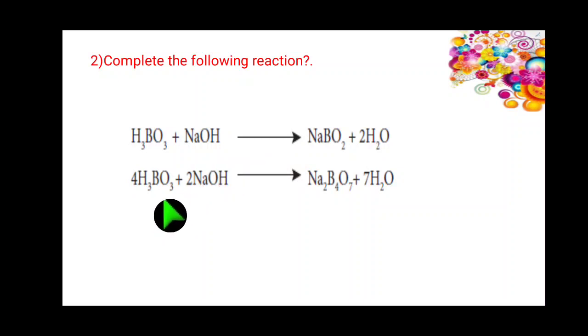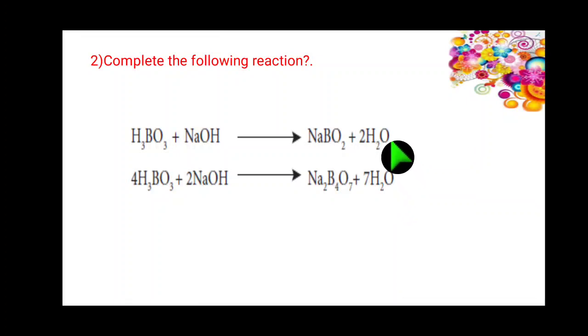Now, suppose we give the boric acid in excess, 4 moles, and sodium hydroxide 2 moles, then we can get the product borax, Na2B4O7, sodium tetraborate, plus 7H2O.